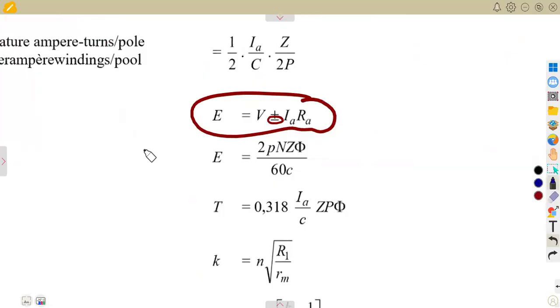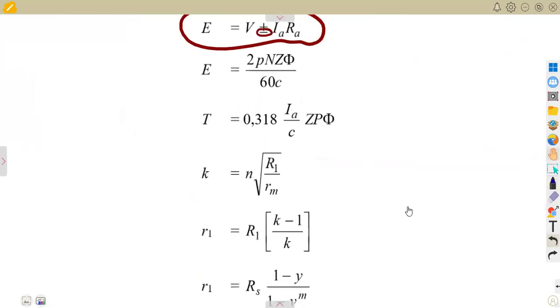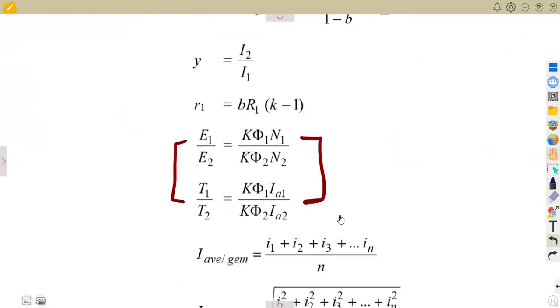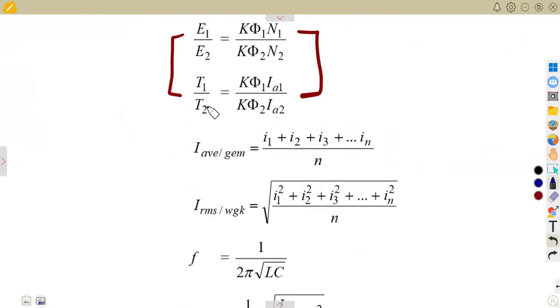Let's go back to our formula sheet and see. I want you to see it here. Where the torque is, we can see also the current is. So we can use it to calculate the armature current. This is the constant, guys. This cancels this constant here.